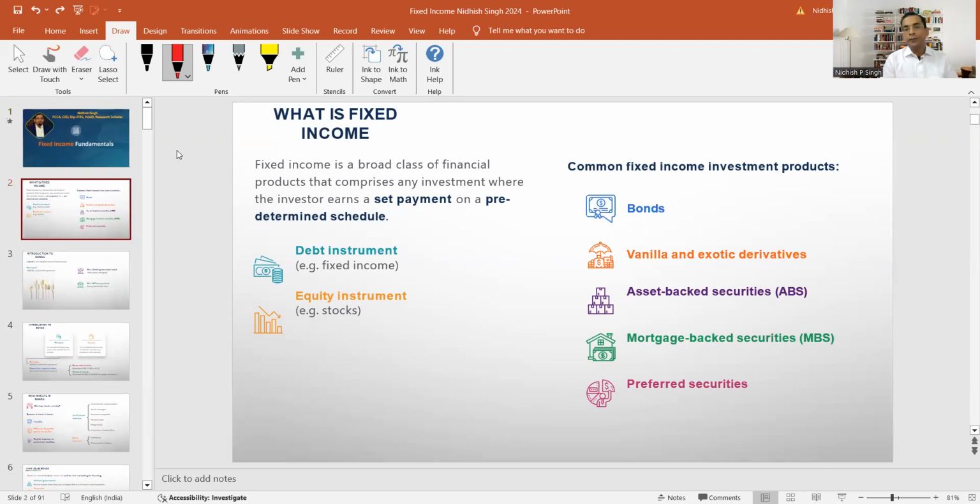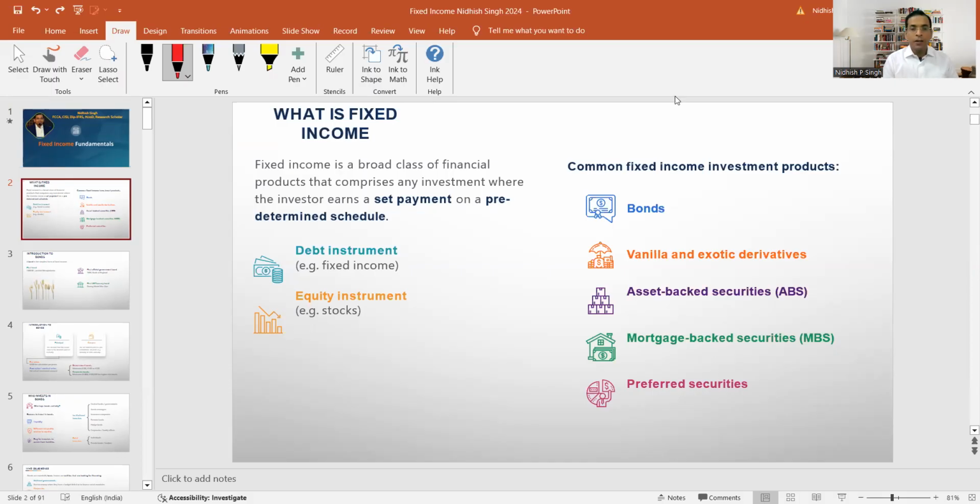Often there is a confusion that fixed income products are only bonds, which is not the fact, because any financial instrument which provides, as I explained earlier, a fixed cash flow during the tenure of the product or at the end, that will be a fixed income asset class.